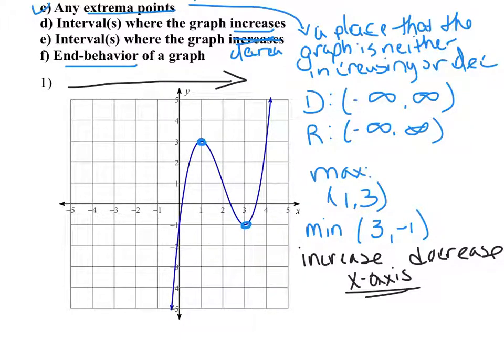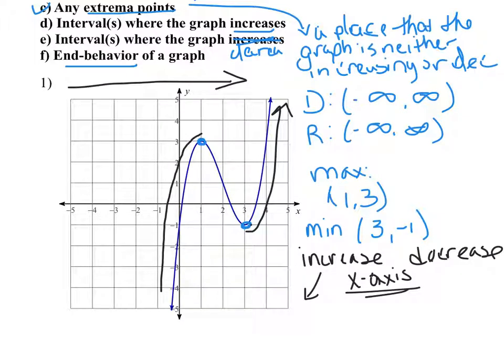When you're driving the car, you're taking the car up. Where are you going? Up. So that interval is increasing. And the interval from this extrema up is also increasing. So those two intervals are where the graph increases.